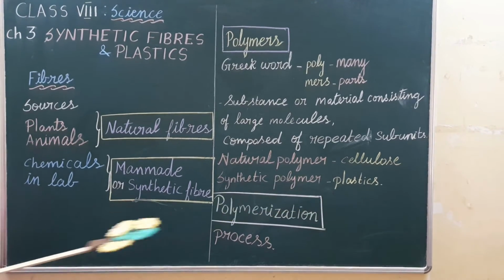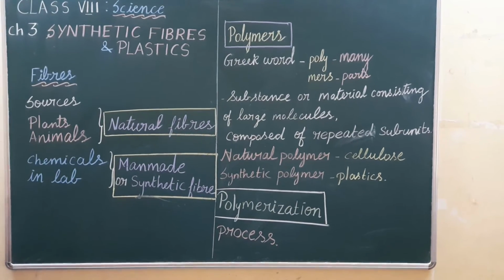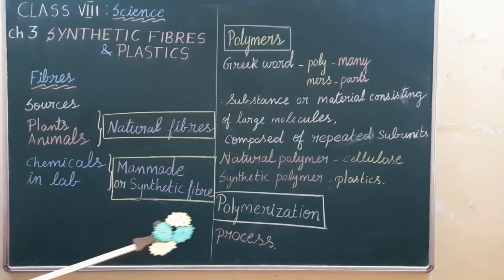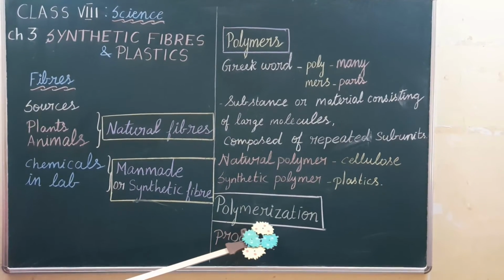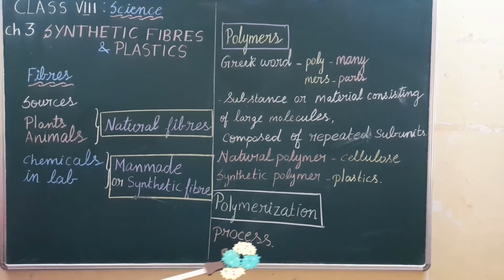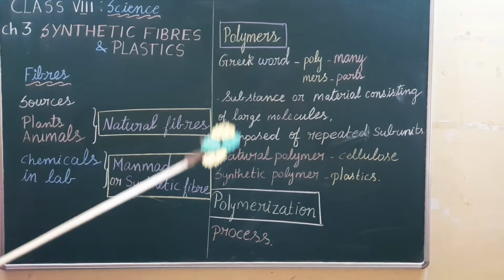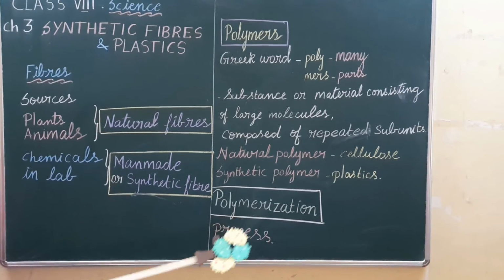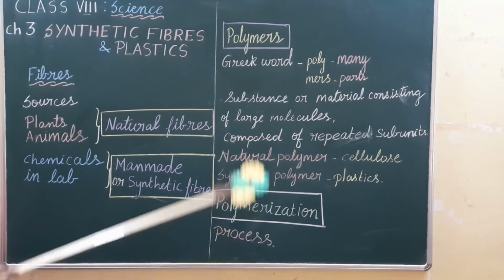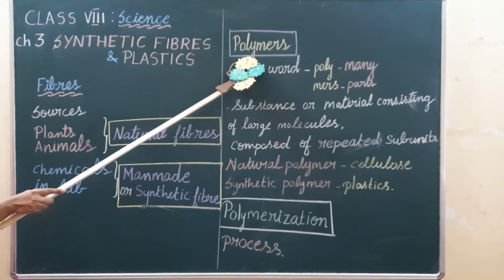Now, how are these monomers linked, and what is that process called? It is called polymerization. So a polymer is the material or substance, whereas polymerization is the process by which polymers are formed.